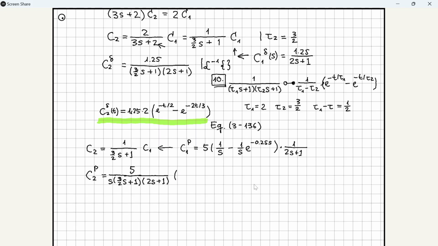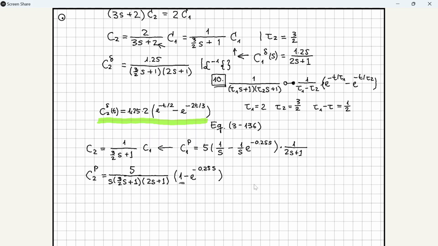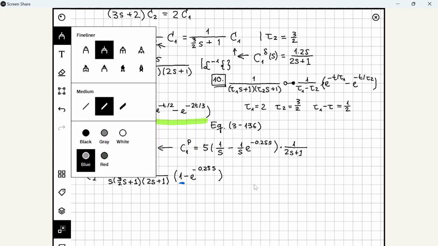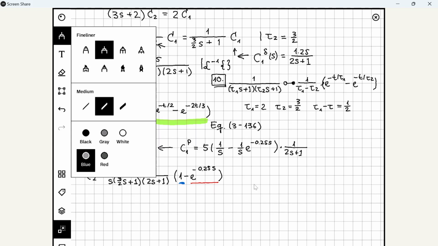Now let's do the bracket. 1 minus e to the minus 0.25 S, like that. Okay. So let's do a red part and a blue part again. So the blue part will be the 1, and the red part will be this guy here. Okay, let's start with the blue part.